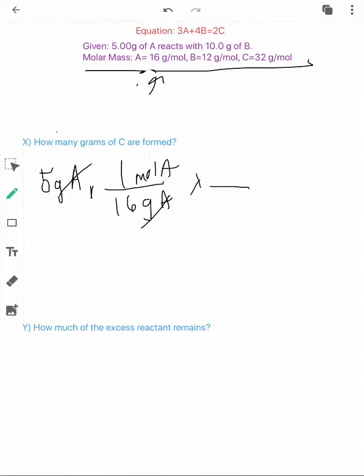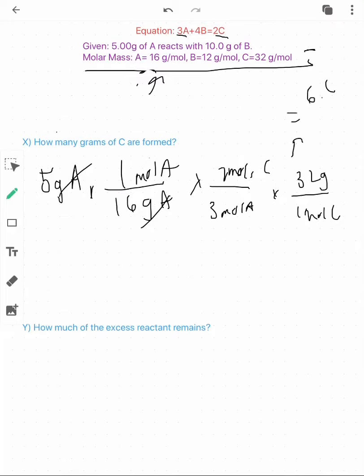Then to get from moles of A to moles of C, we use the stoichiometric ratios: for every 3 moles of A, there are 2 moles of C. To get from moles of C to grams of C, we use the molar mass, 32 grams per 1 mole of C, which I got from right here. This gives us roughly 6.6 grams of C.